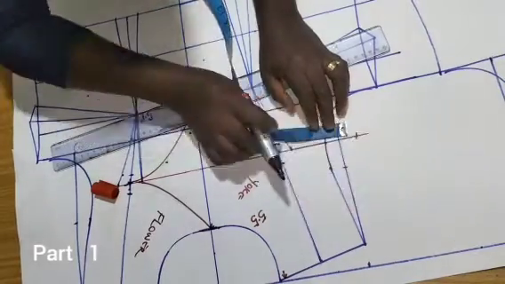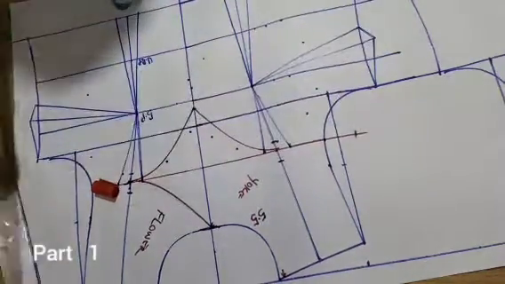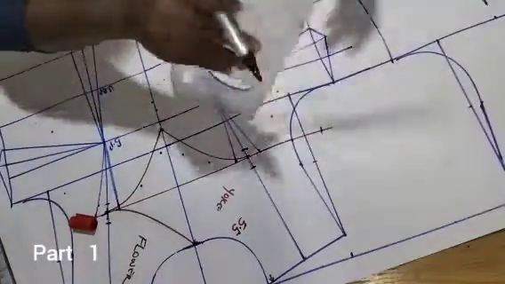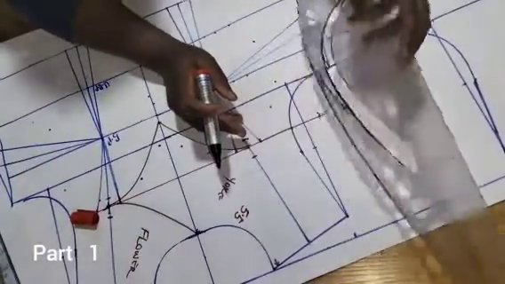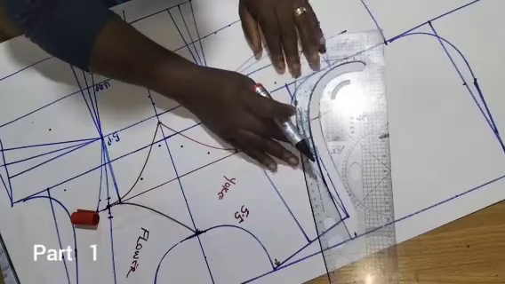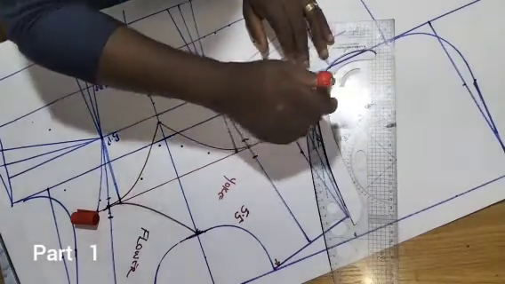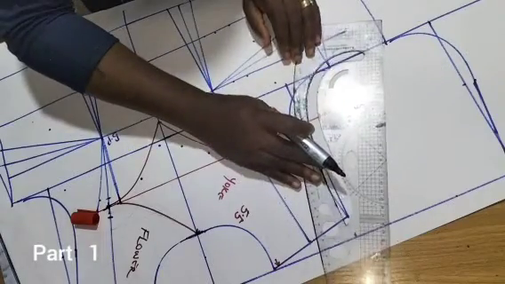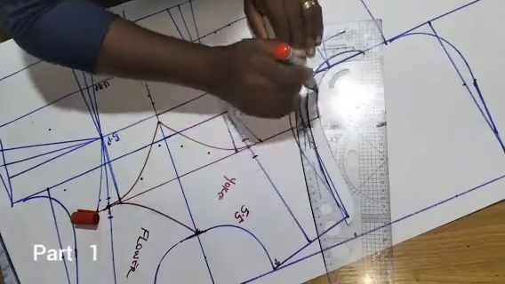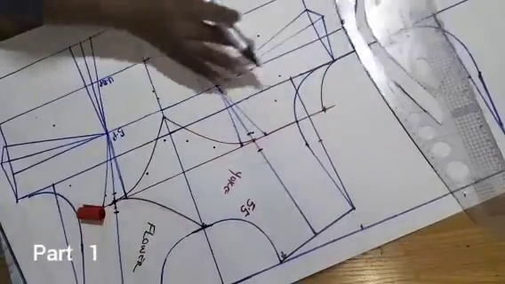I'll make my mark, and I'm going to recreate my armhole from that point. I'll recreate my bustier armhole from that point. You can see I'll just go in. Let me use the smaller part of my ruler so I get a curve to it.